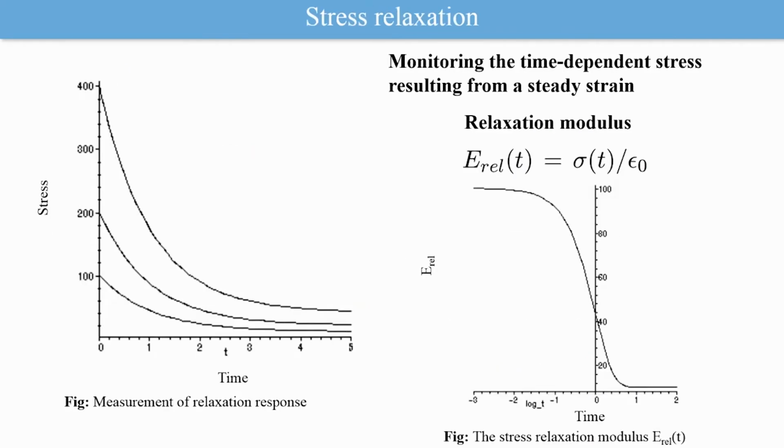Okay. Now, let us talk about the next characterization method, that is known as stress relaxation. Okay. Now, we discussed that you apply a specific amount of stress to a material at different rates and you will get different strain rates.